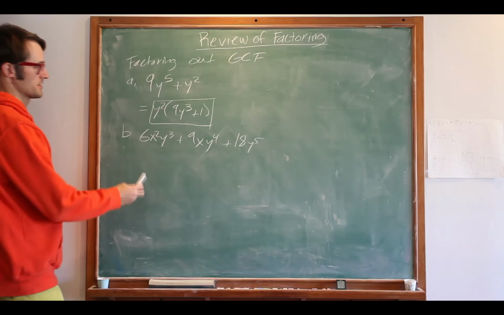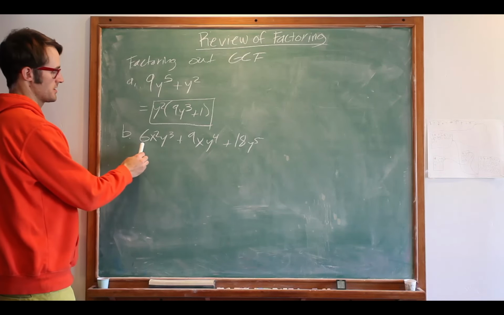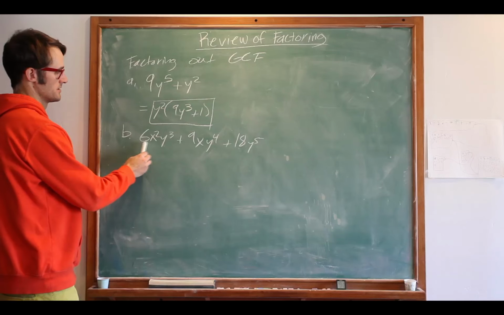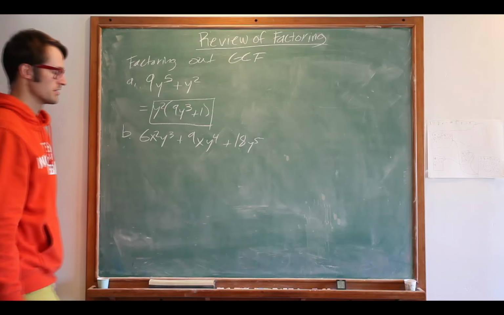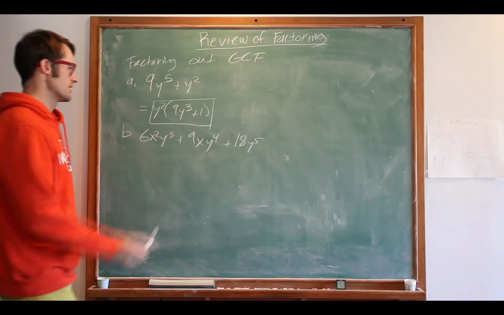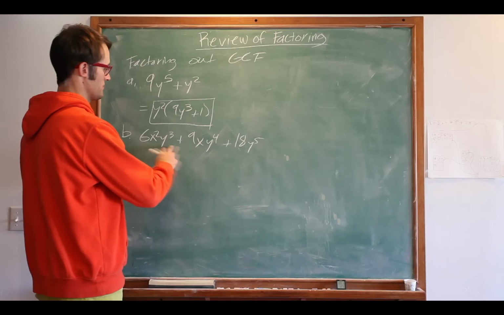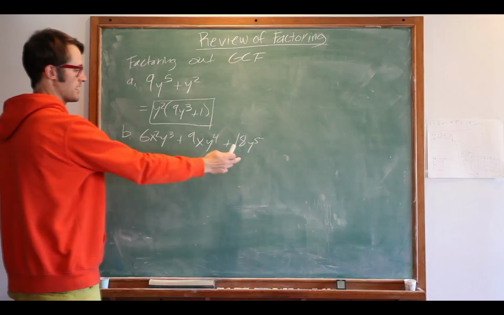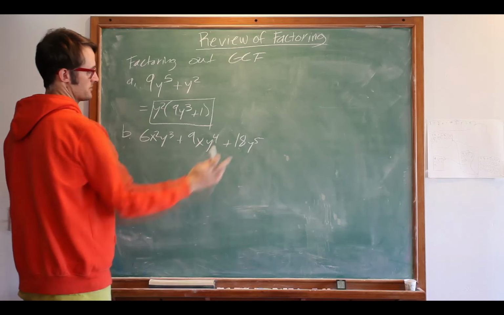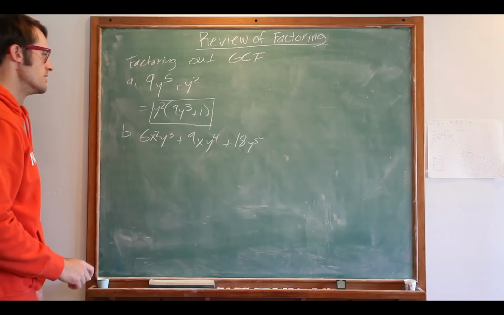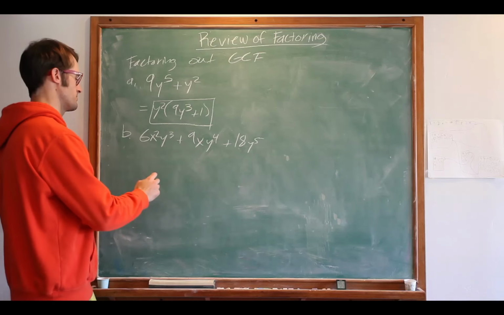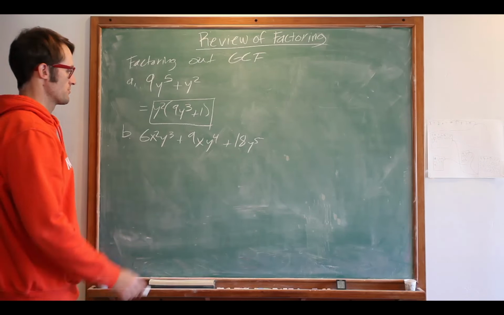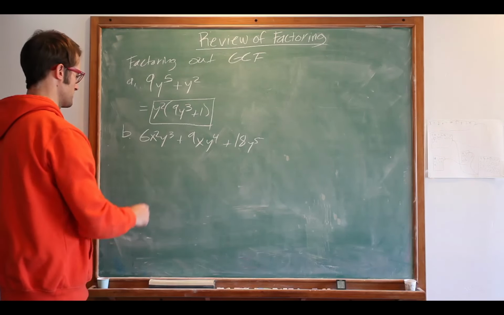So this is interesting because you can see that there's actually a common factor in 6, 9, and 18. They're all multiples of 3, and then we've got y's as well. So I think what I'm going to do, and actually this term has no x, so keep that in mind. What I'm going to do is pull out 3y cubed out of each of these.